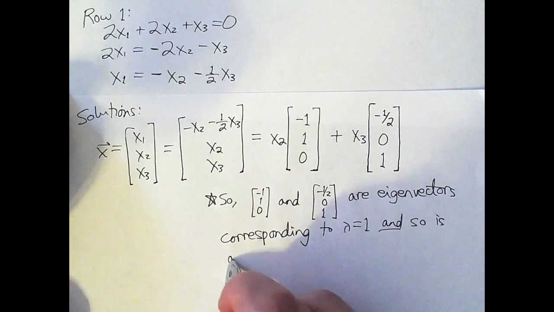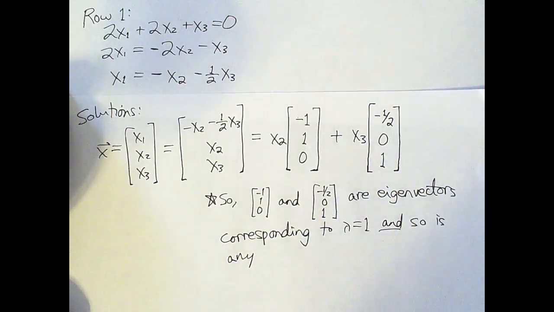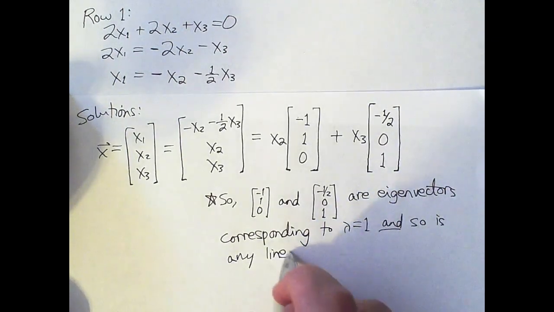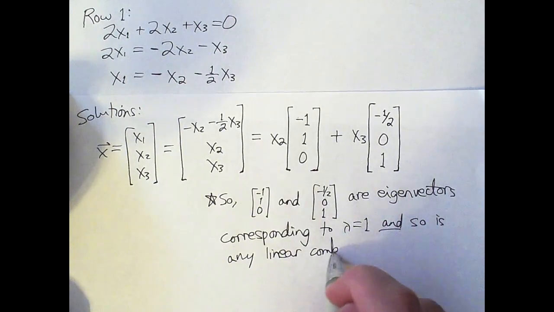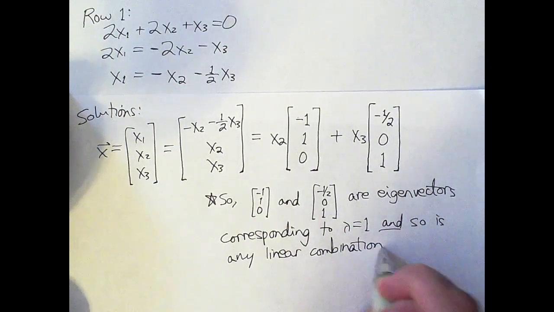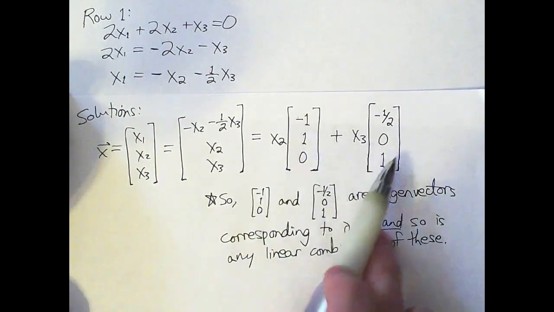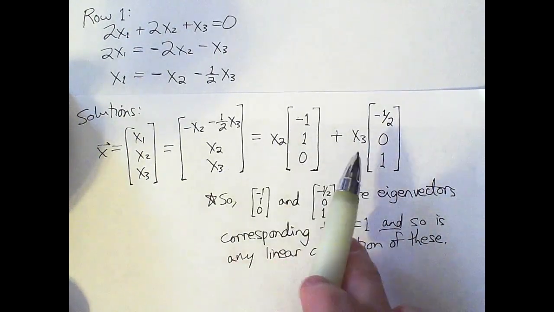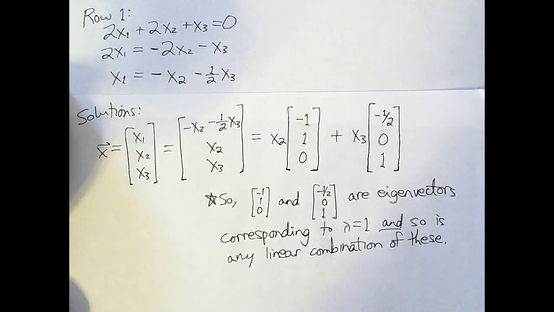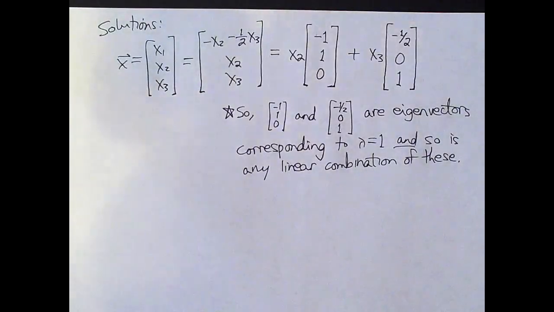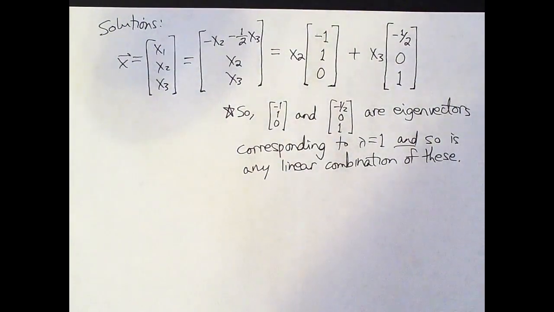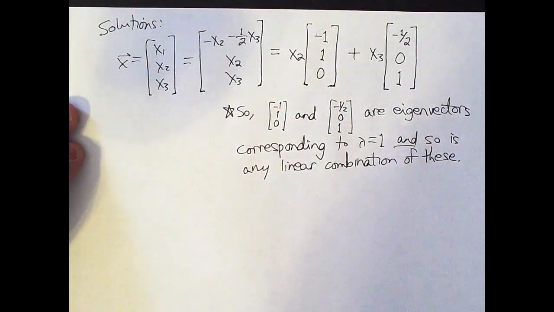And so is any linear combination. Any linear combination of these, you can see it, x2 times the vector plus x3 times the vector. That's a linear combination of those two. So anything that you get as a result is also going to be an eigenvector corresponding to lambda equals 1.